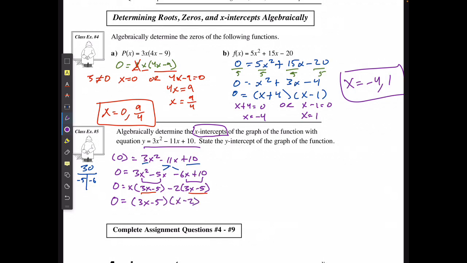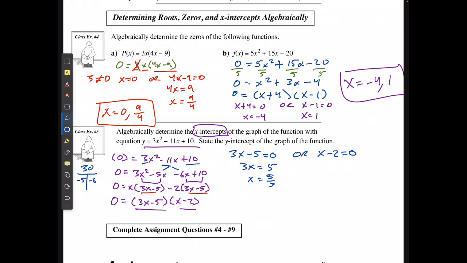Then I'm going to take both these factors and I'm going to solve if either 3x minus 5 is equal to 0 or x minus 2 is equal to 0, then this statement is going to be true. In this case, 3x would equal positive 5 when I add 5 to both sides, or x is going to equal 5 over 3.